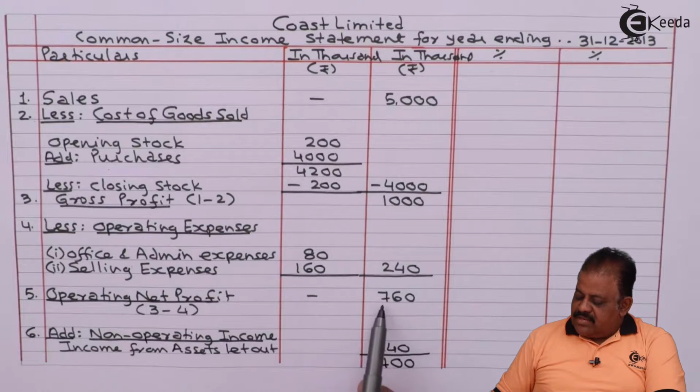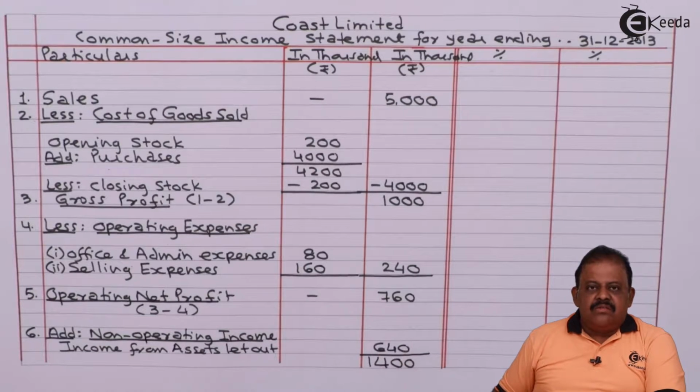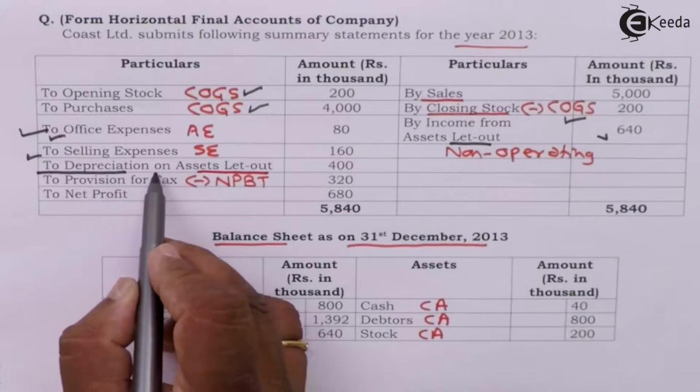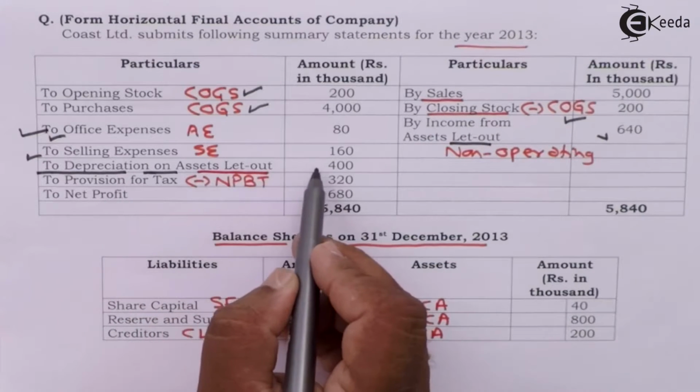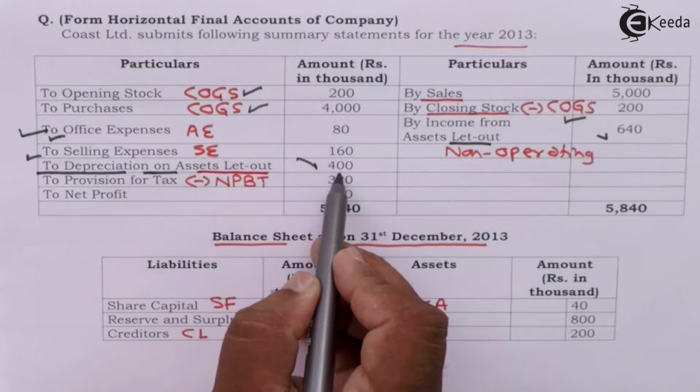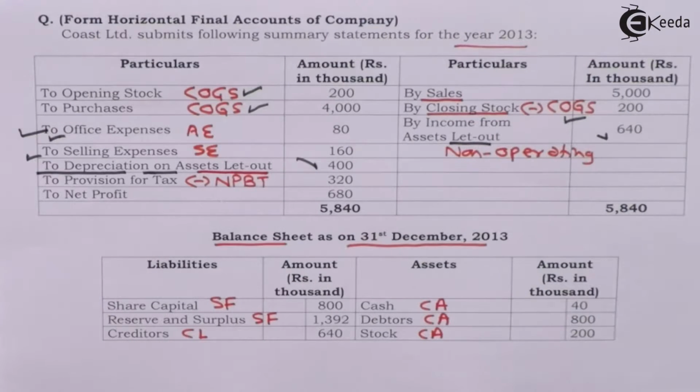Operating net profit 760. To this we add non-operating income, income from asset let out 640. So it becomes 1,400. From this we are required to deduct non-operating expenses. Depreciation on assets let out 400. This is non-operating expense.